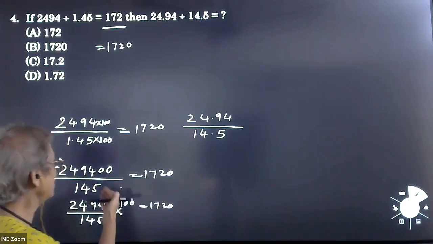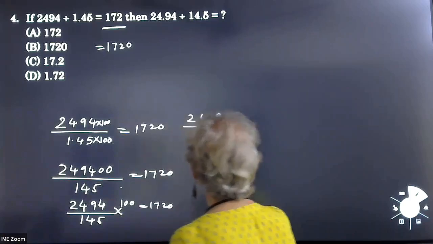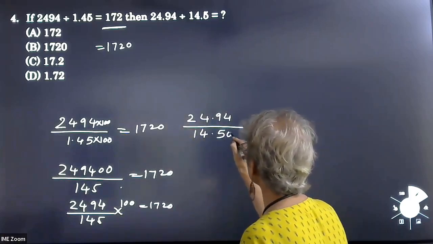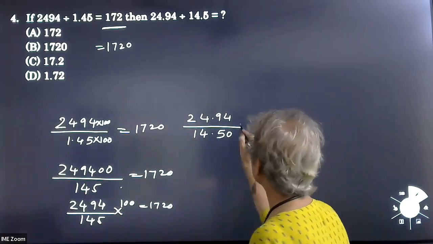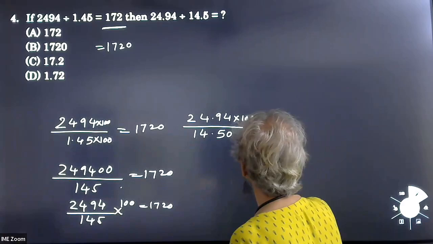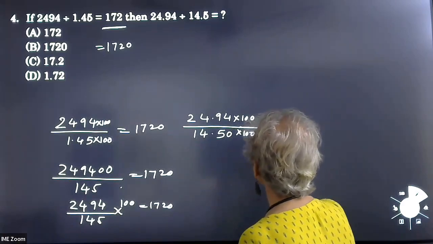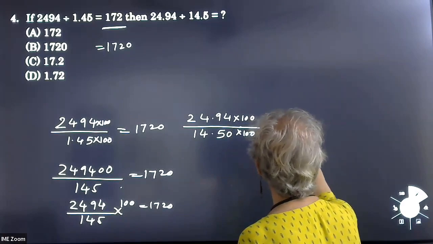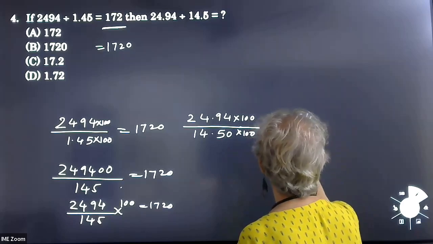Let us see how we can make use of this over here. First of all, let us add one more 0 over here. So now they are like fractions. Multiply both by 100 because two digits are there, and therefore I will get 2494 upon 1450.